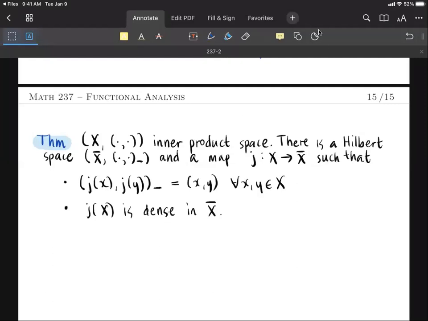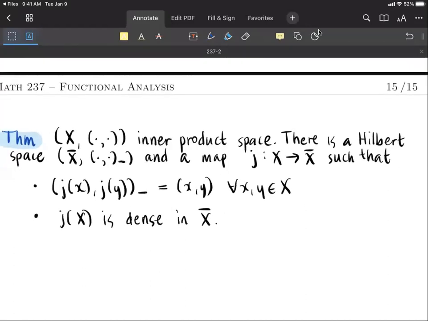If you have an inner product space X, you can find a Hilbert space, let's say X bar, and a map J from X into X bar, and this map is linear and inner product preserving.